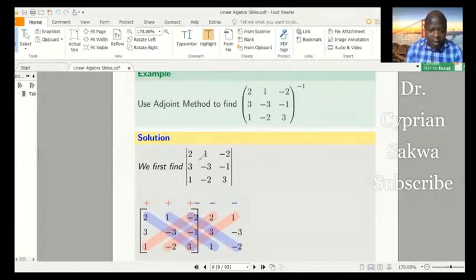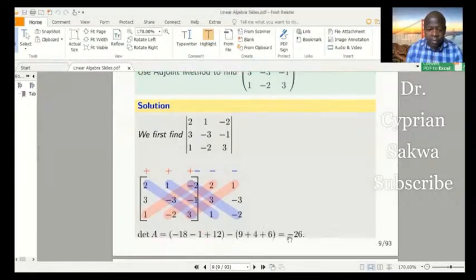We write the matrix here, add the first two columns here, multiply along this diagonal and add, along this diagonal and add, along this other diagonal and add. Then subtract the product along this diagonal, this diagonal, and this other diagonal. When that happens, we find our determinant as -26.